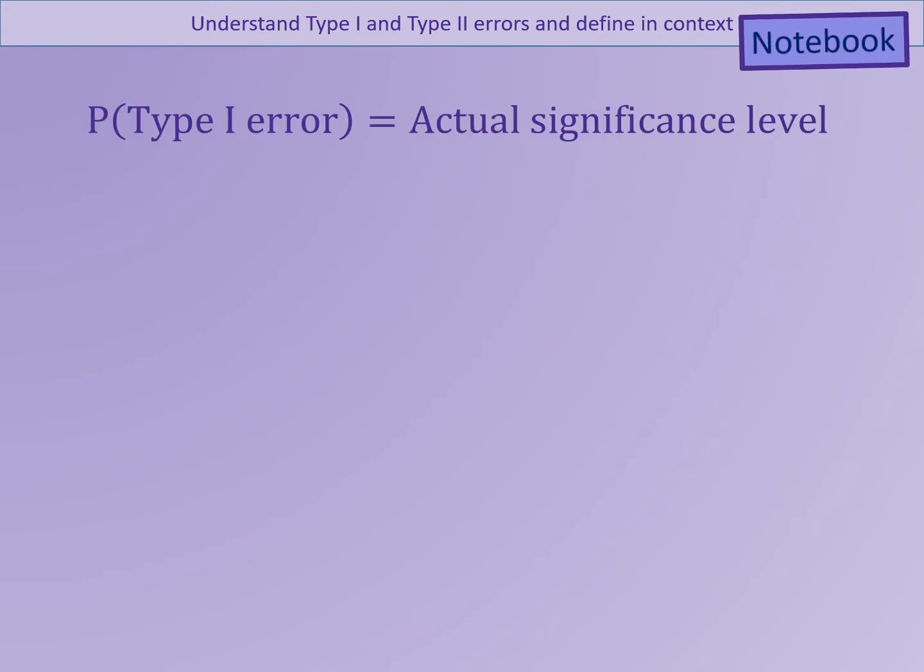So what we're going to look at is the probability of a type 1 error. We've actually done that already. The probability of a type 1 error is equal to the actual significance level. So not the significance level that's given to you in the question, but the actual significance level when you calculated it.